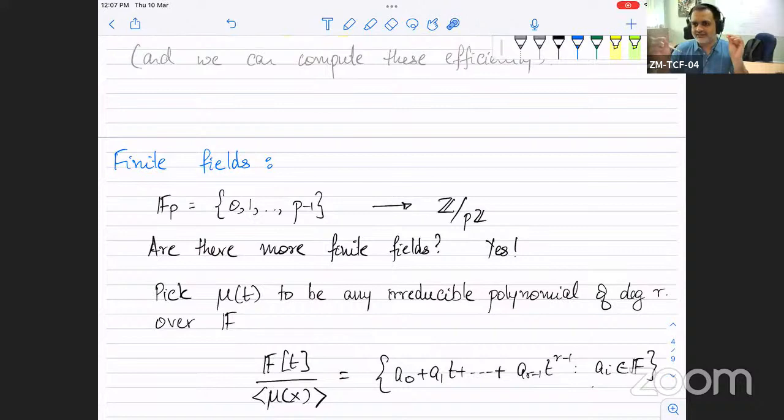It's like saying whenever you see t to the power r, replace it with the remaining part of mu. You have done this when we adjoined roots to things. It's exactly the same thing. And the claim is that this is a field.